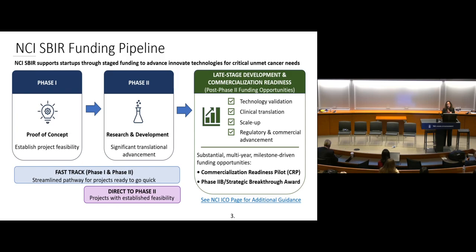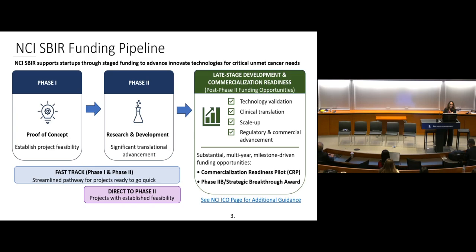And we support startups through stage funding. Stephanie talked about it. So the phases are not to be mistaken with clinical trial phases. The phase 1 grants are for proof of concept studies to establish the project feasibility. Phase 2 grants are to significantly advance the translational development of your product.